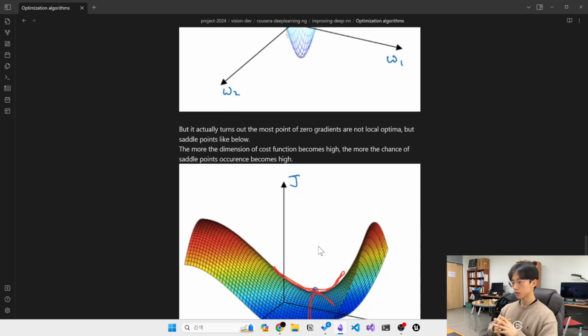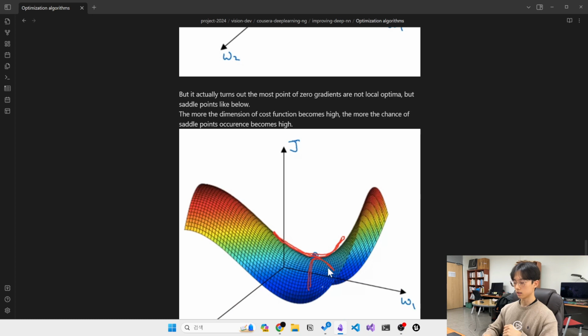But it actually turns out that most points of zero gradient in higher dimensions are a set of points like this.